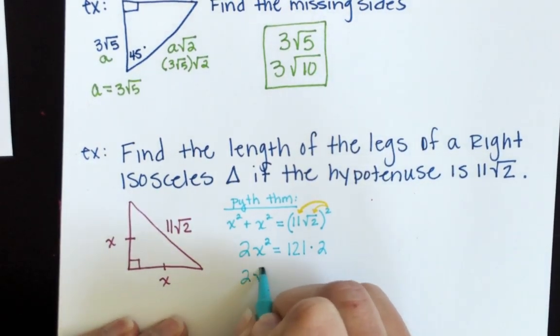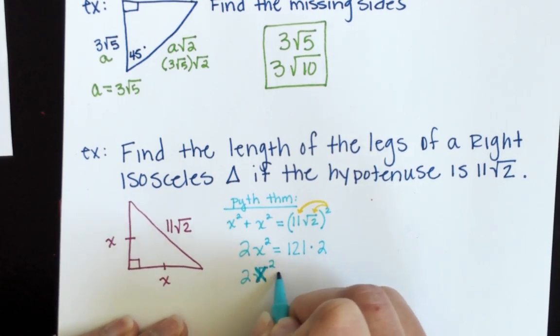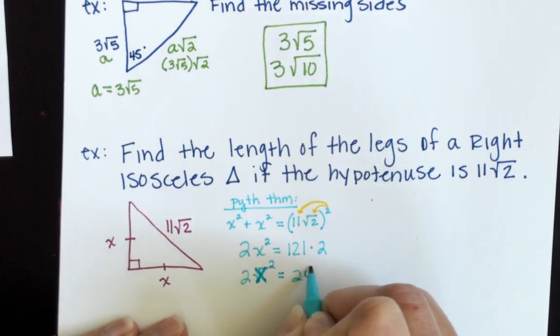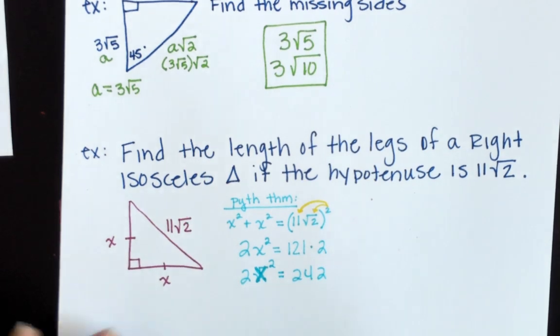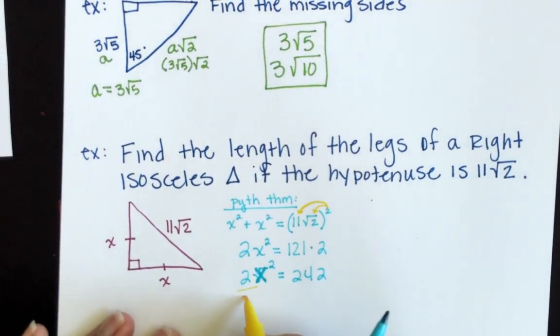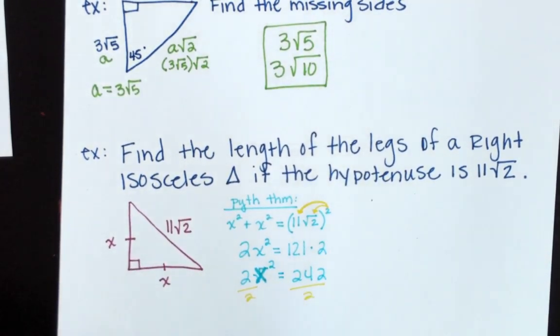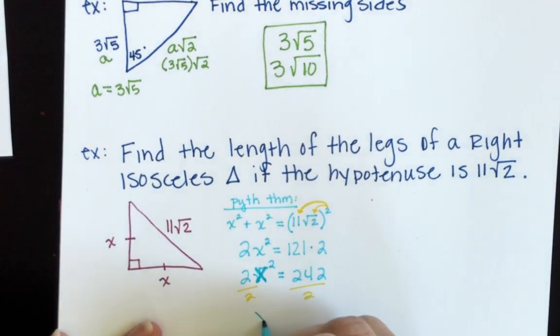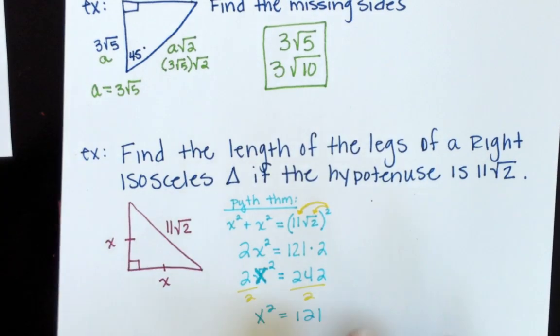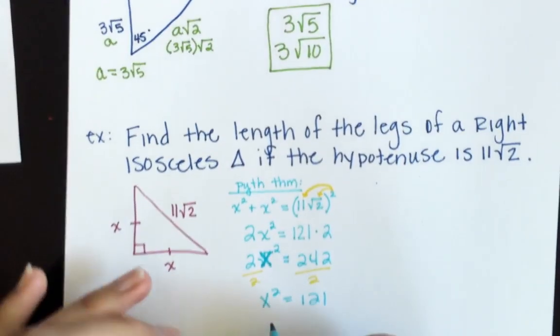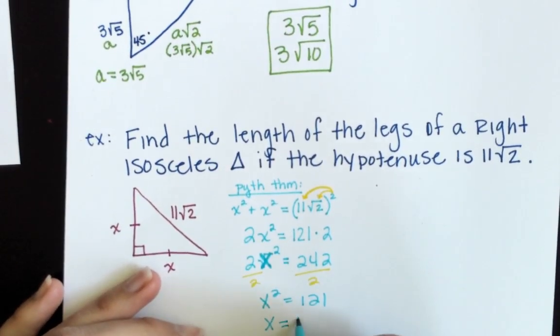So 2x squared equals 242. We're going to divide away our 2. And we're right back to x squared equals 121. So you just found out that the legs are 11.